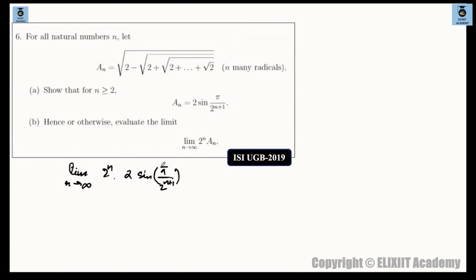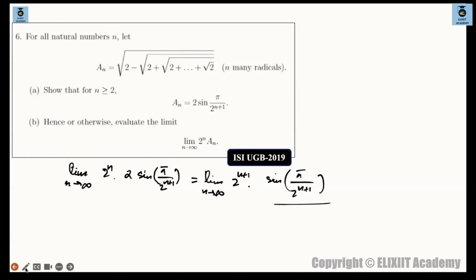This quantity tends to 0. So we will bring the sin theta divided by theta format. So this becomes limit n tends to infinity 2 raised to the power of n plus 1, sin of pi upon 2 raised to the power of n plus 1, and below, forcefully let's bring 1 pi upon.